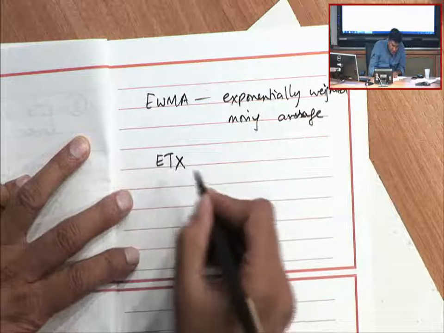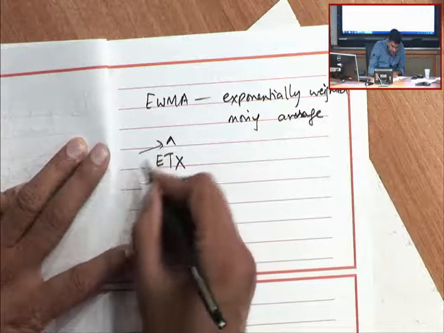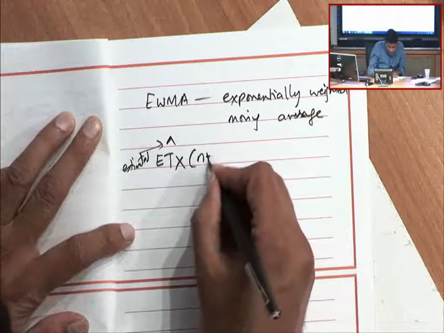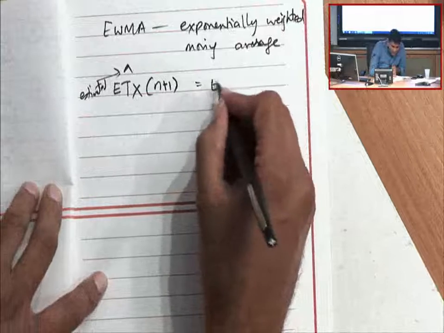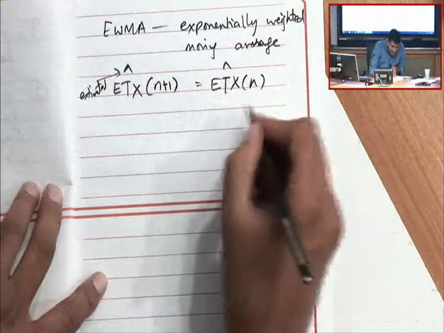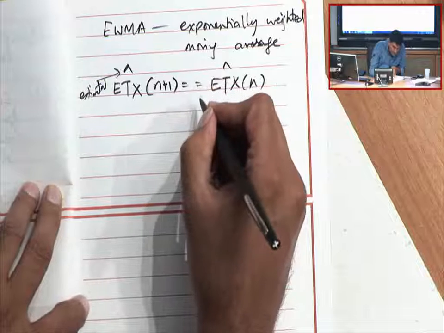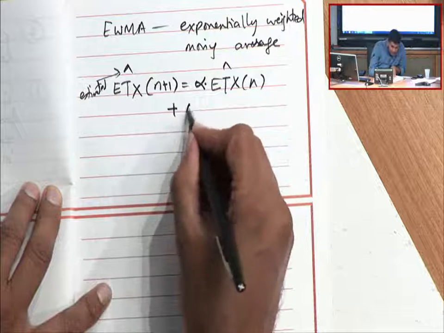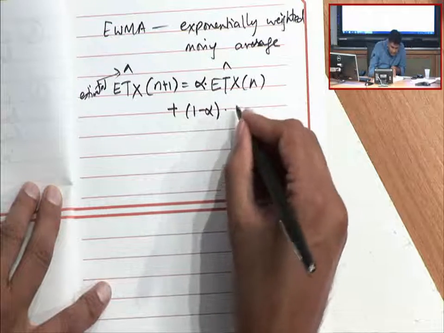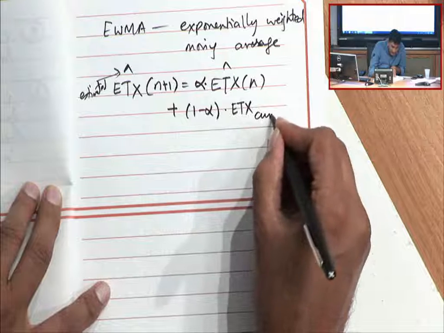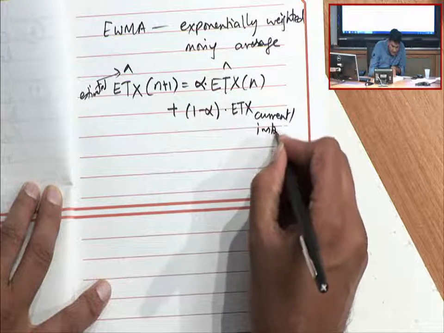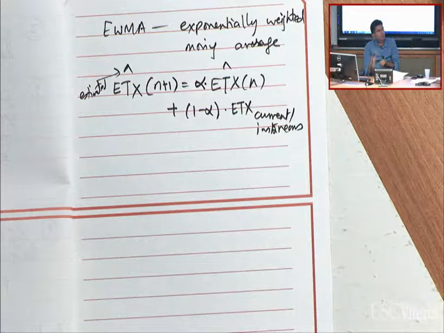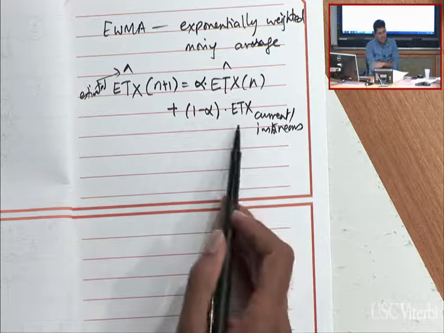So it says something like ETX estimated at a particular packet, let's call it n+1, is the estimate that you had at the previous packet multiplied by some factor alpha plus 1 minus alpha times the ETX estimate for the current or instantaneous packet. So what I mean is that you send a packet, maybe it took you 2 tries, that's this number.